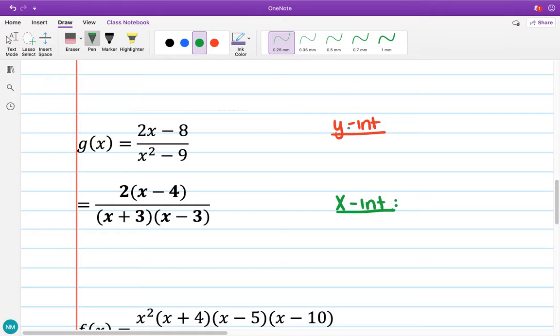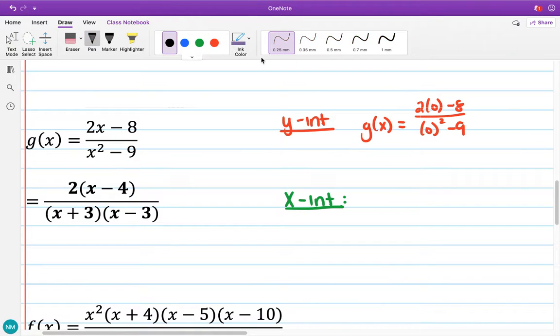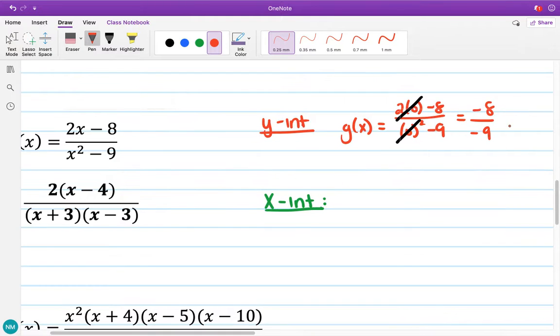To find the y-intercept, I think it's personally easier to do it when you're dealing with the expanded form, not the factored form. Because when you plug in, you have g of x equals 2 times 0 minus 8, over 0 squared minus 9. These first terms cancel out, and so I get negative 8 over negative 9, which is 8 over 9.